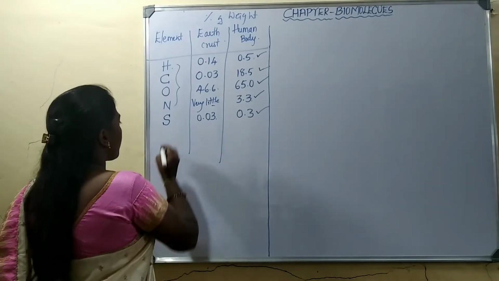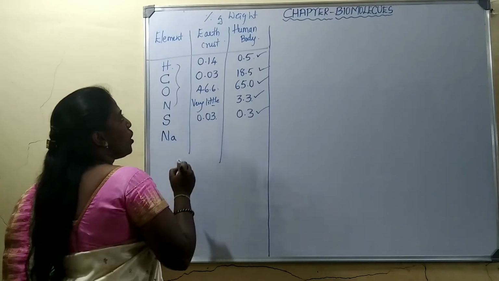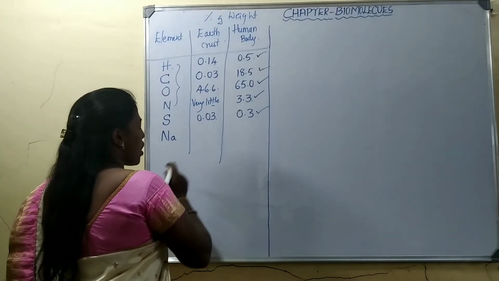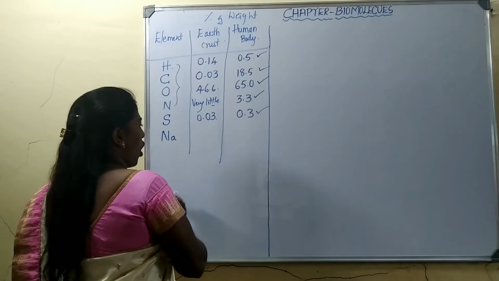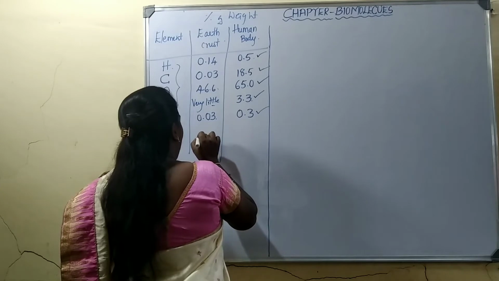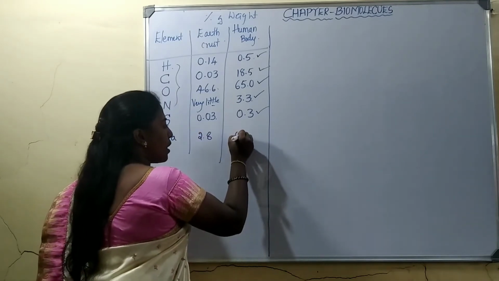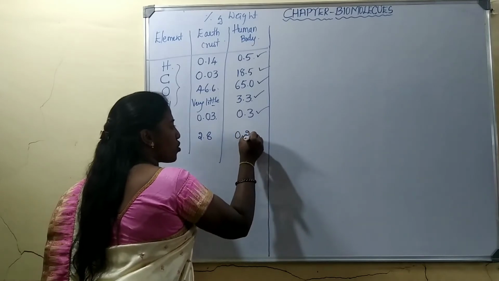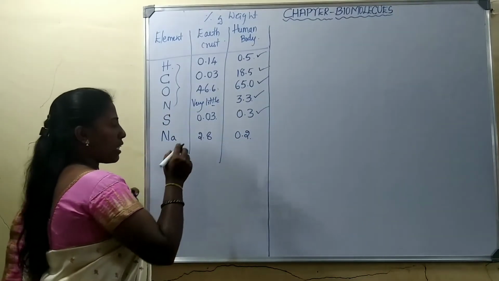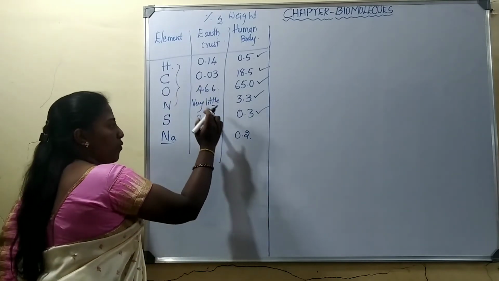The next, I'll take up sodium, Na. In case of earth crust, the sodium found is 2.8. In case of living, it is 0.2. So here you can see that sodium is found in a higher concentration in case of non-living.